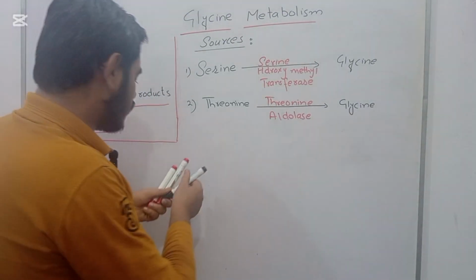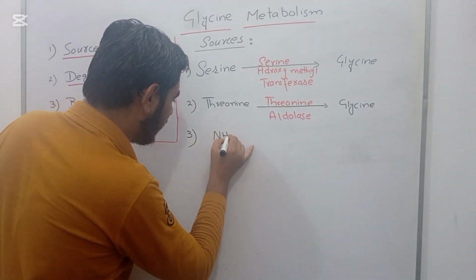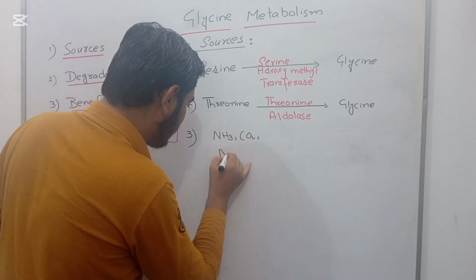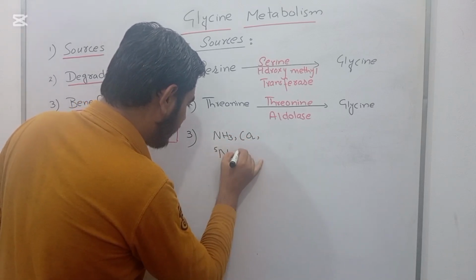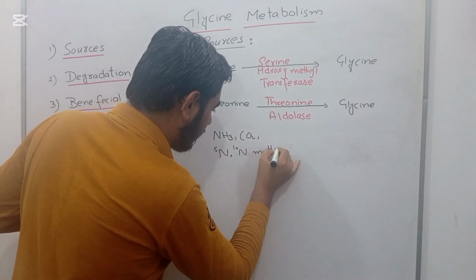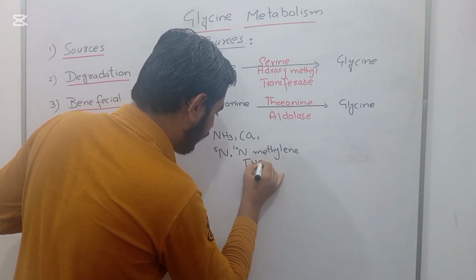Another source of glycine is ammonia, carbon dioxide, and 5,10-methylene tetrahydrofolate.